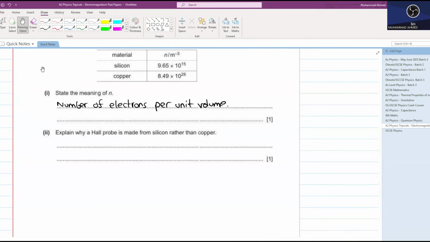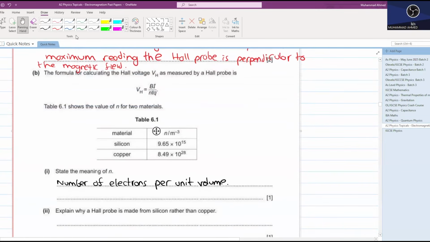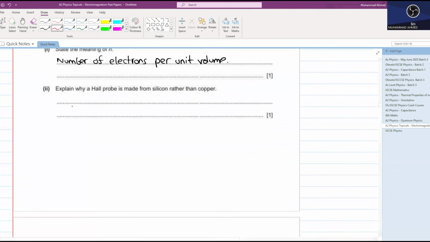Explain why Hall probe is made from silicon rather than copper. Okay, let's see that. Can you see silicon has a lower number of N? Can you see silicon has a value of N that is 10 raised to the power of 15? Its N is less, hence its Hall's voltage will be greater. And if the Hall's voltage is greater, it is easier to measure.